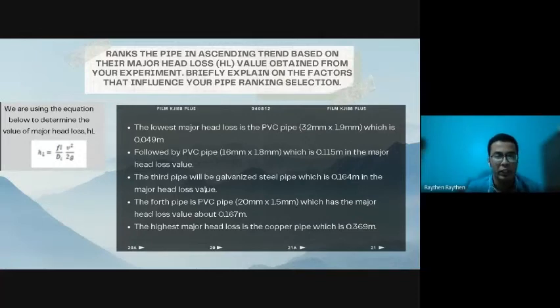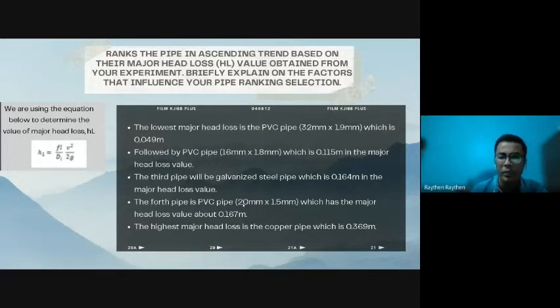Based on the calculation, the lowest major head loss is the PVC pipe, 32 millimeter times 1.9 millimeter, which is 0.049, followed by the PVC pipe with 16 millimeter times 1.8 millimeter length, which is 0.115 meter in major head loss value.